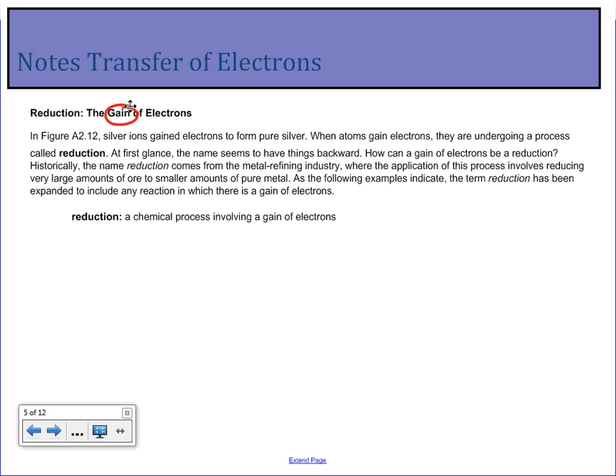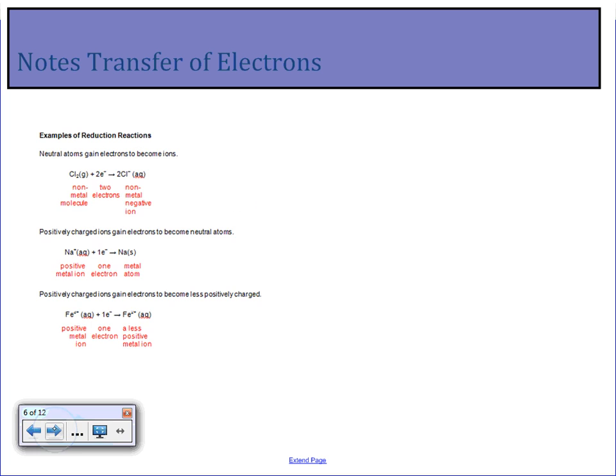Well, historically, the name reduction comes from the metal refining industry, where the application of this process involves reducing very large amounts of ore into smaller amounts of pure metal. As the following examples indicate, the term reduction has been expanded to include any reaction in which there is a gain of electrons. So it's the opposite of oxidation.